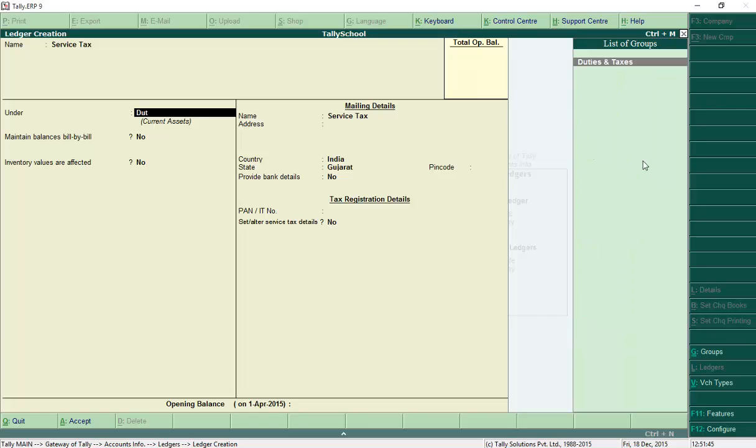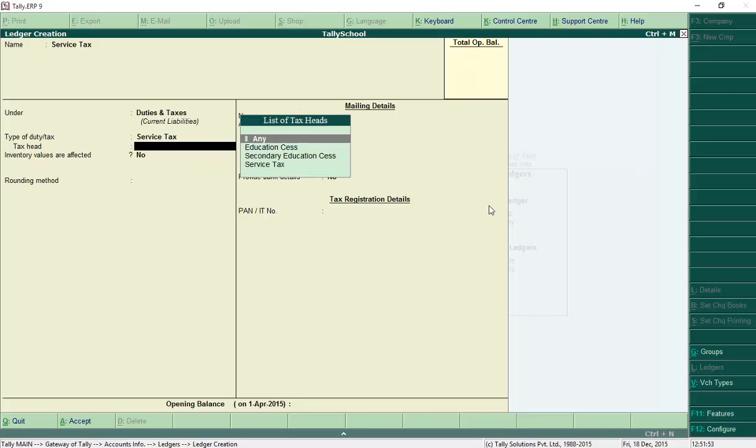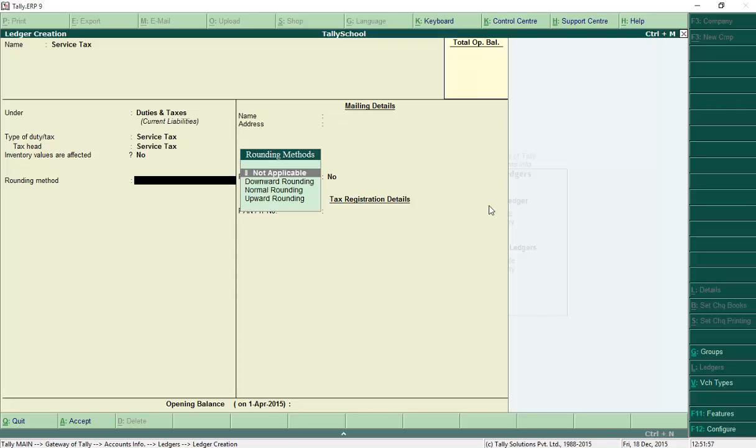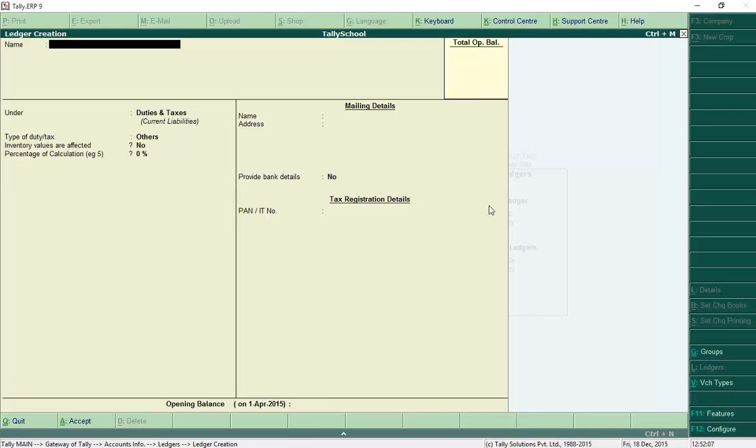Now under type of duty tax, select service tax. Under tax head, select service tax once again, and rounding method, select not applicable, and go ahead and save the ledger. Okay, so we have created a service tax ledger.